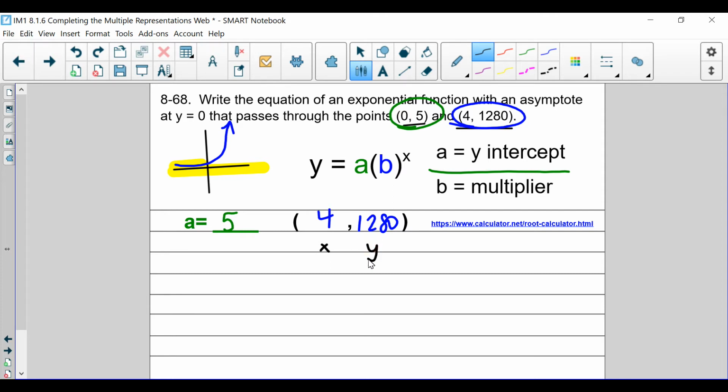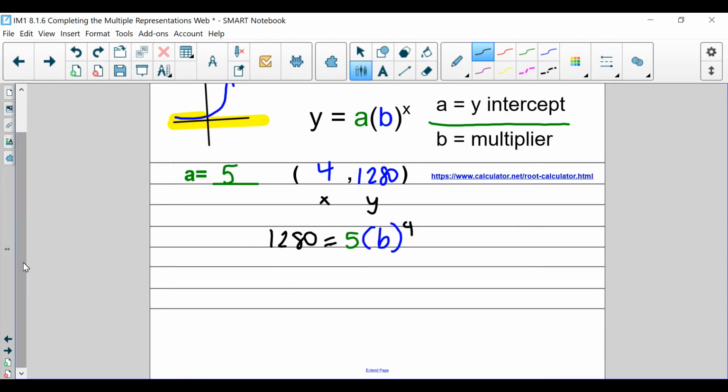Since we just said y was equal to 1,280, we're going to use the general equation and write 1,280 is equal to, we have our a value being 5, and then we have our b value, which we don't actually know, so we're going to leave it as a variable, and we're going to write down our x value, which was 4. Now, we're trying to solve for a multiplier because that's the information we don't know.